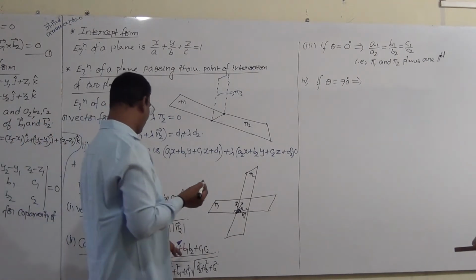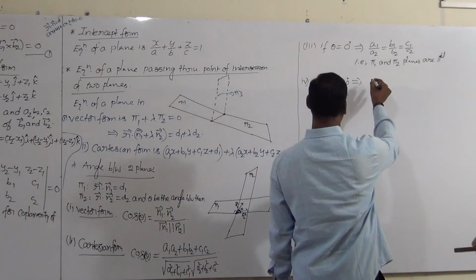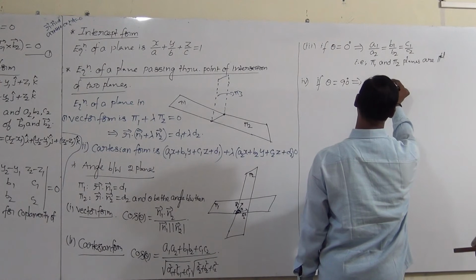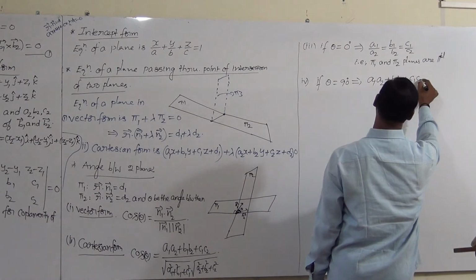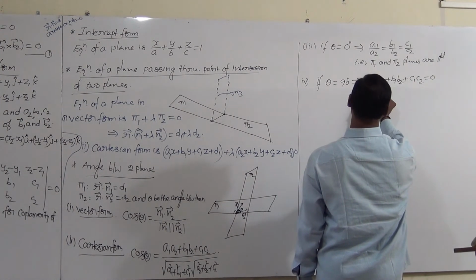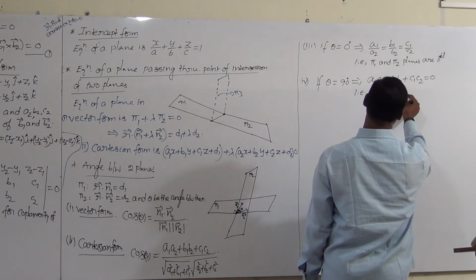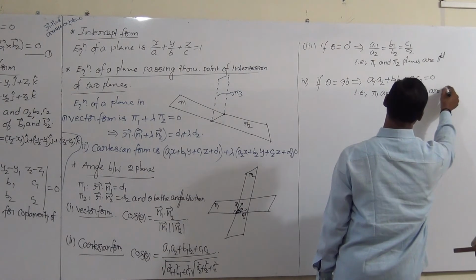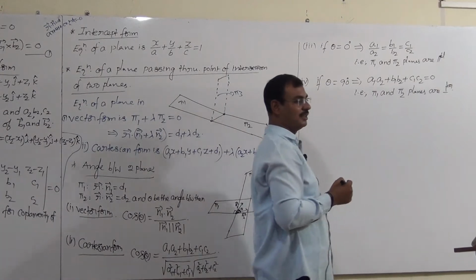So if theta equals 90 degrees, the condition will be a1 a2 plus b1 b2 plus c1 c2 equals 0. This means pi 1 and pi 2 planes are perpendicular. Keep in mind these two conditions, very very important.